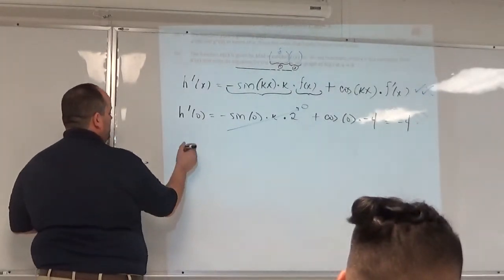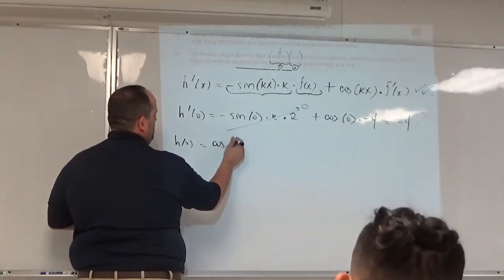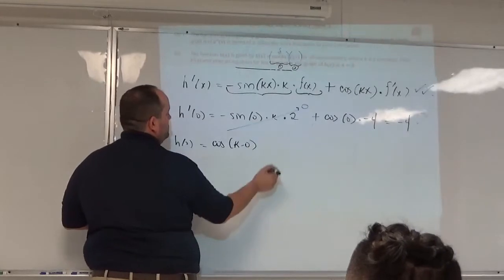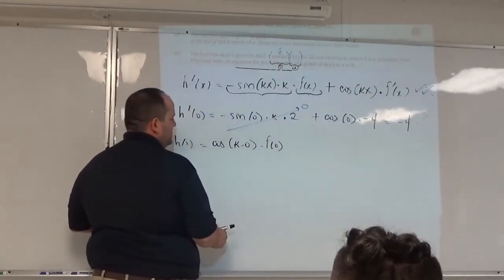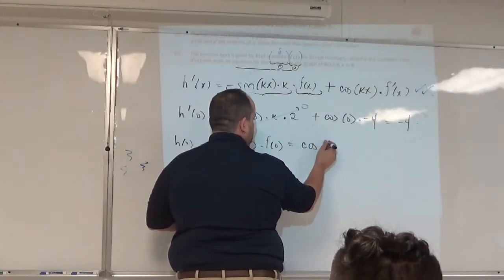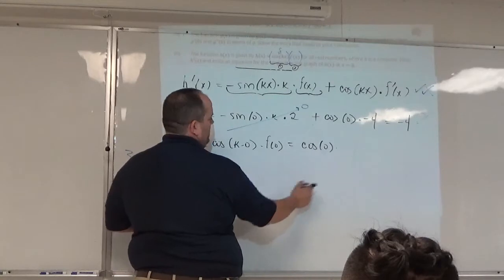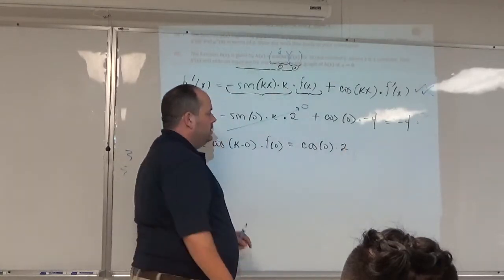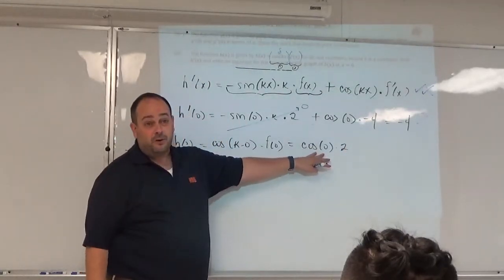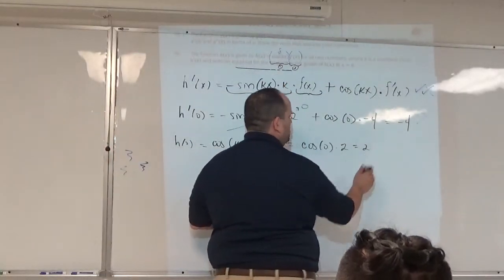You plug in 0 into h. So you're plugging into cosine of k times 0 times f of 0. k times 0, no surprise, still cosine of 0. f of 0 was 2. Again, if I don't know what cosine of 0 is, leave it, but cosine of 0 is 1, so you get 2.